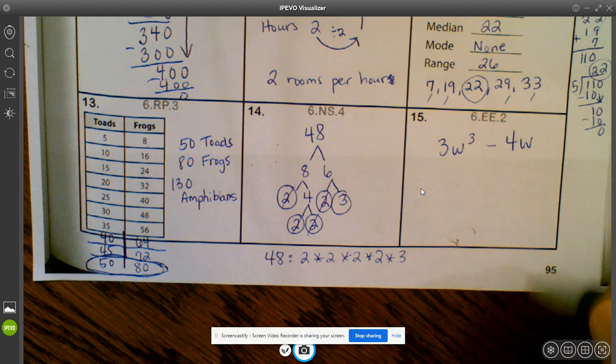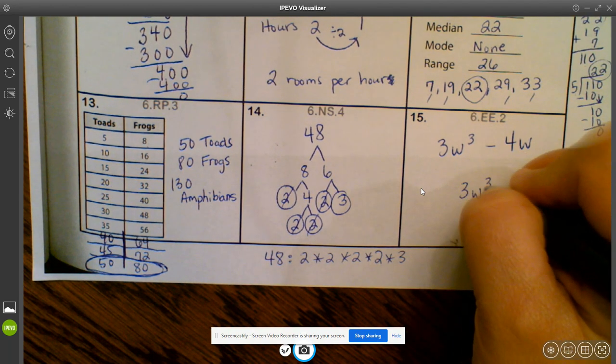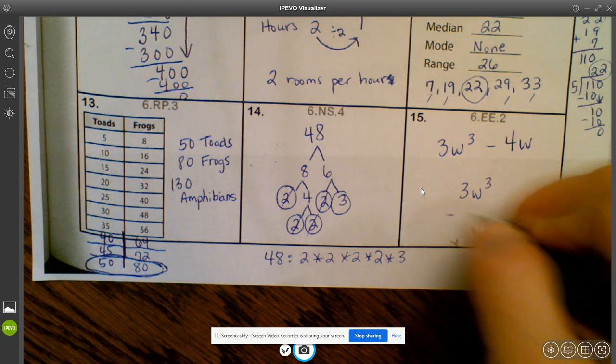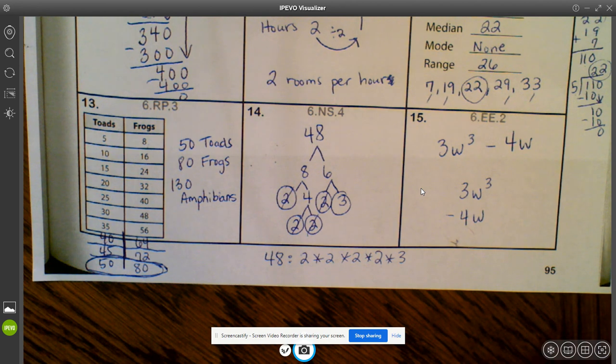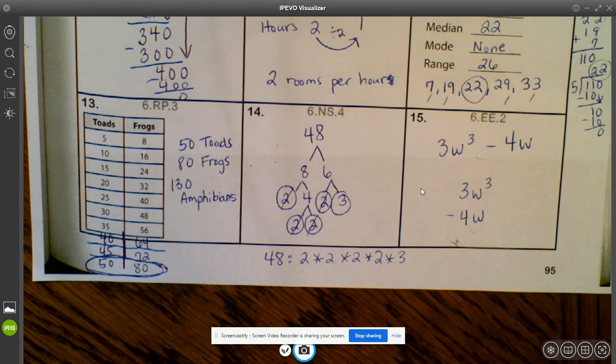So the two terms that are found here are 3w to the third, that's one term, and then minus 4w is the other term. So they're just separated by an addition or a subtraction sign.